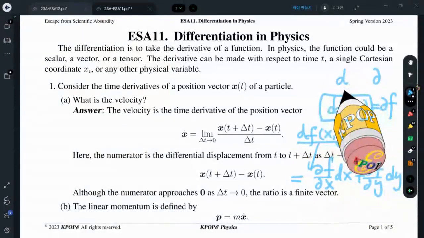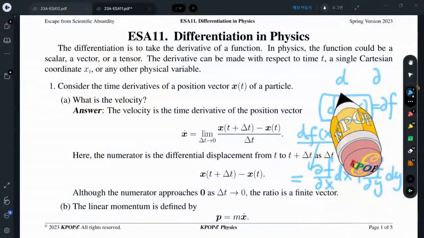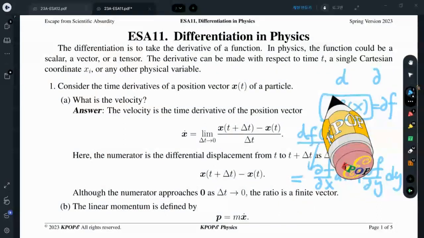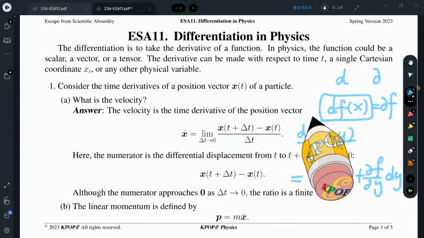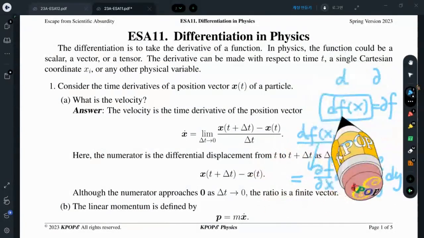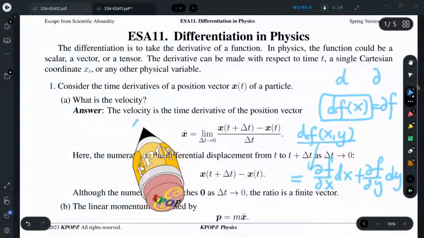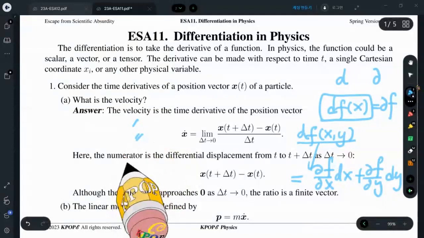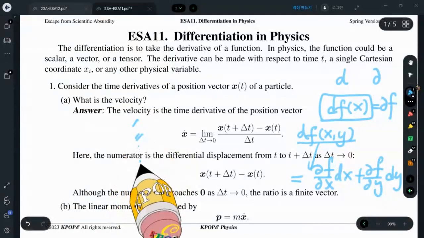This operator D originates from Leibniz. Newton and Leibniz developed differential operator. Newton did not introduce the differential operator. He used the primes. Single derivative is a prime. Double prime means double derivatives, and so on.